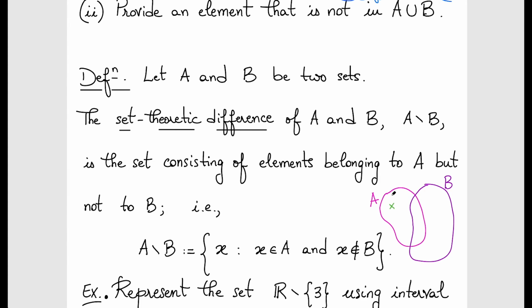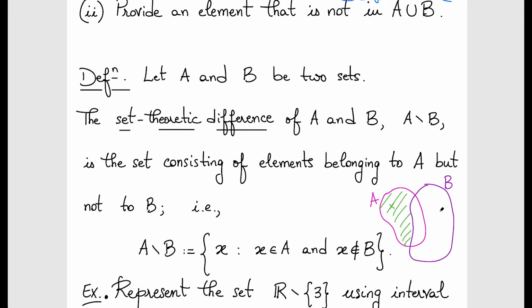Yes. So all this piece is part of the set theoretic difference, right? How about the guy here? Is this guy in A but not in B? This blue guy? Well, this is in A but also in B. So this blue guy is not in the set theoretic difference.